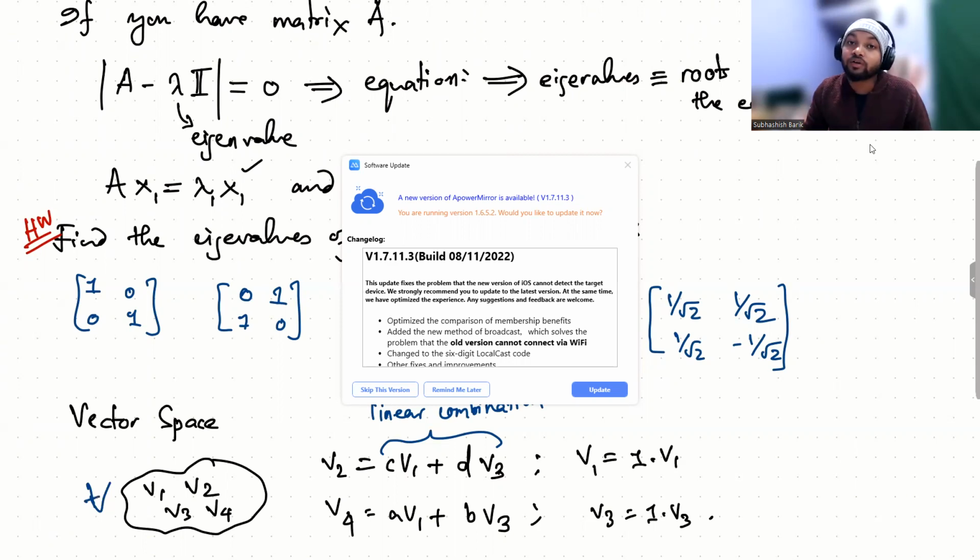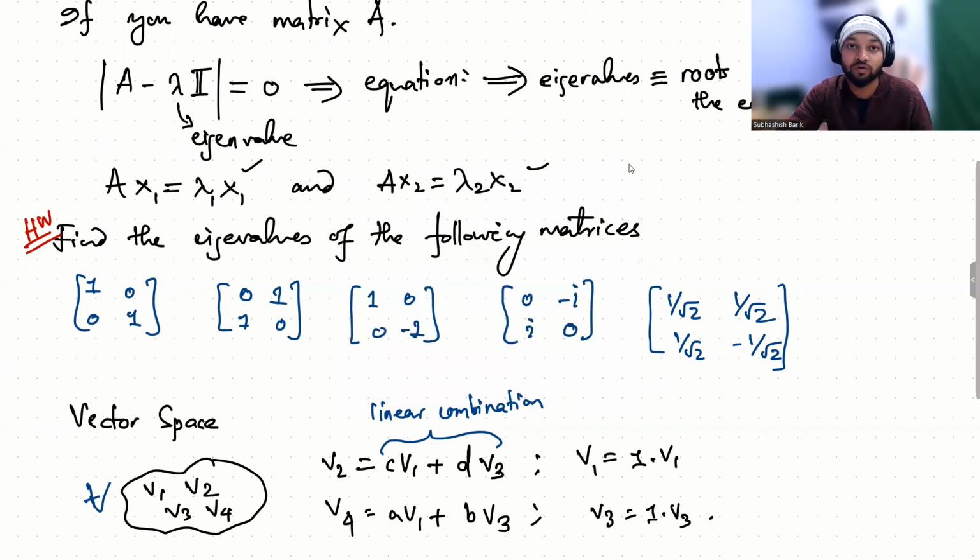So you have a vector space and it has some vectors inside it. You take some vectors from this vector space, and by taking their superposition, you can represent any other vector of that vector space.